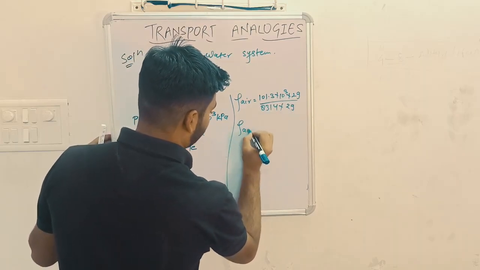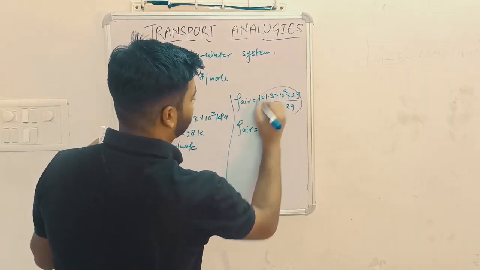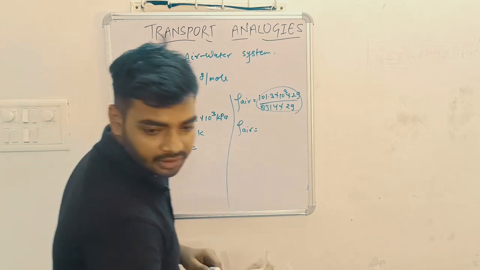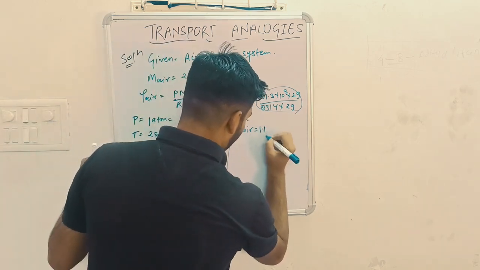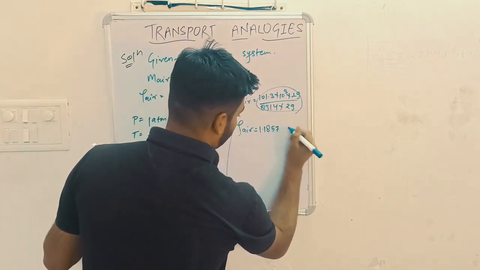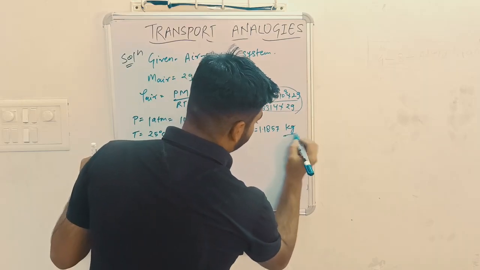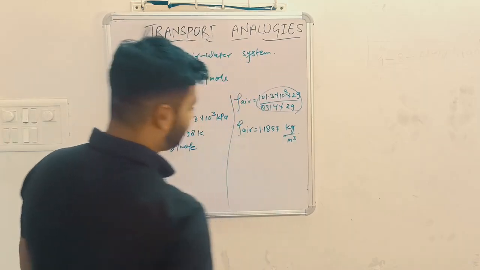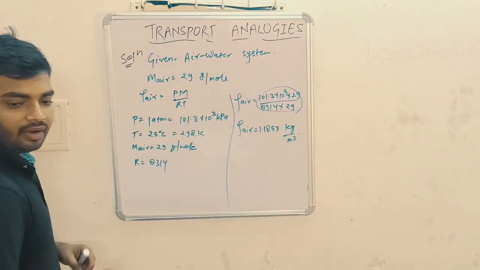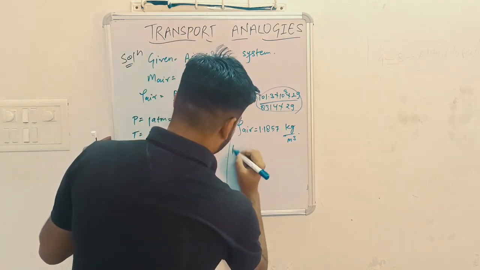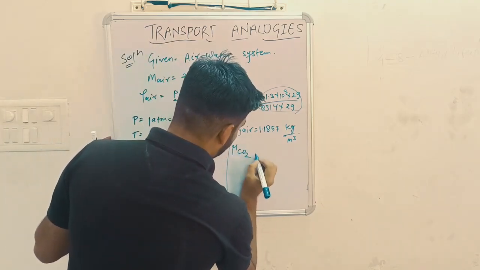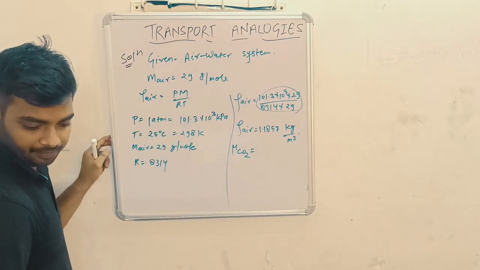So from here, doing this calculation, we get rho air as 1.1857 kg per meter cube.